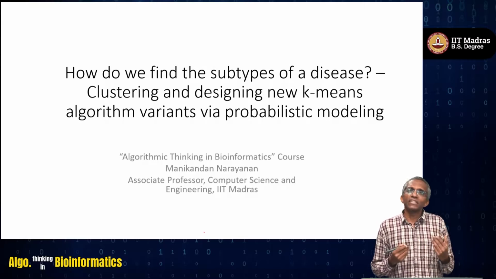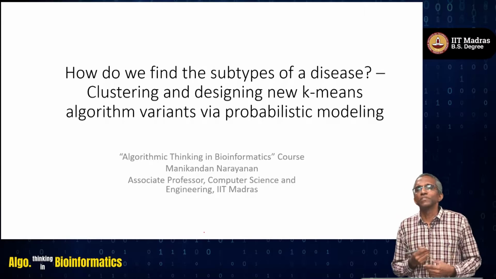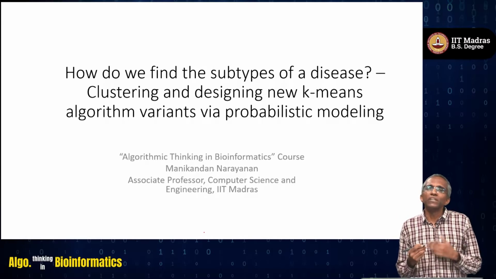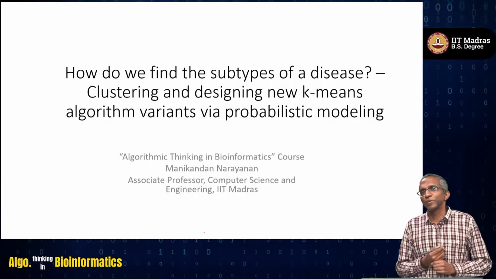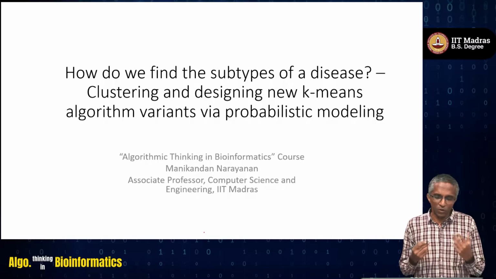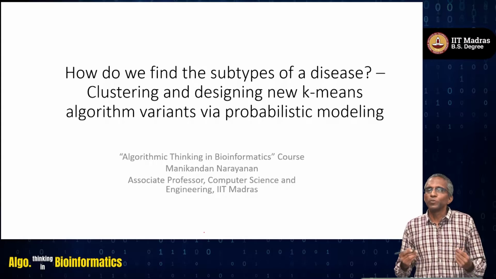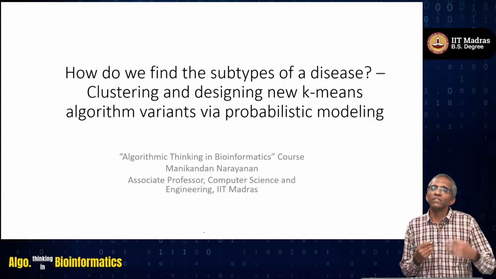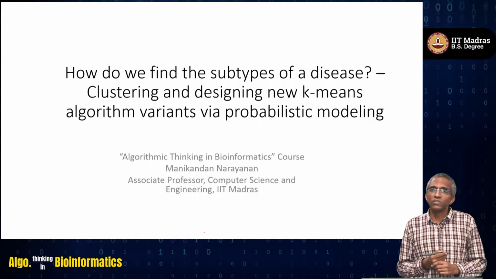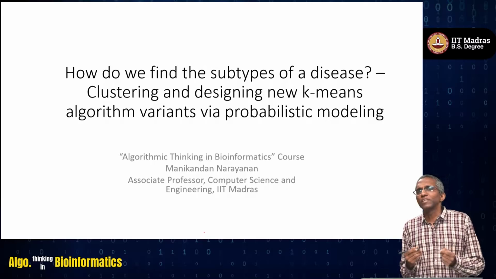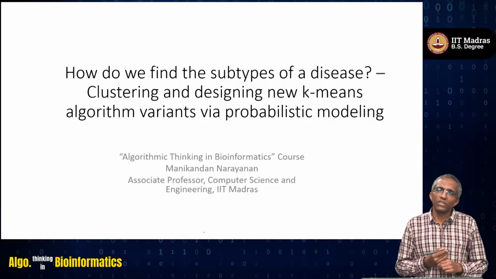And we are going to ask, is there a data-driven and computation-driven way to understand or identify the different subtypes of a disease? The computational problem and the approach we are going to take is clustering, an unsupervised machine learning approach you may have seen in earlier machine learning courses in this program. Specifically, we will be looking at the k-means algorithm for clustering.